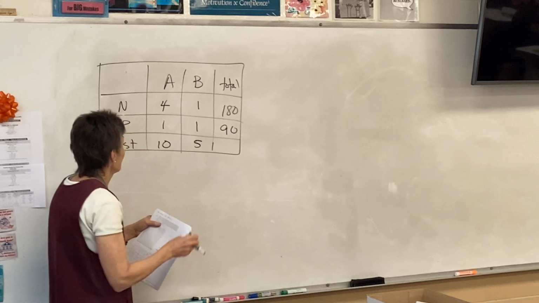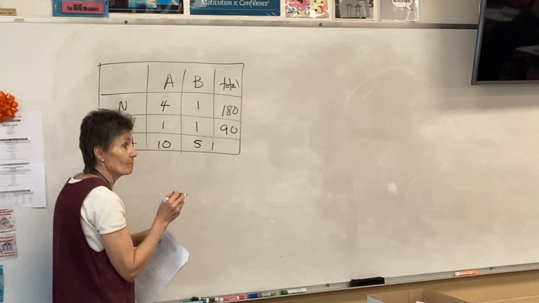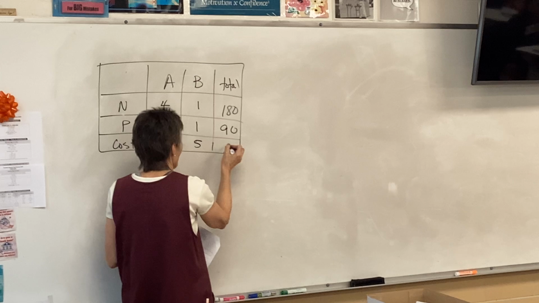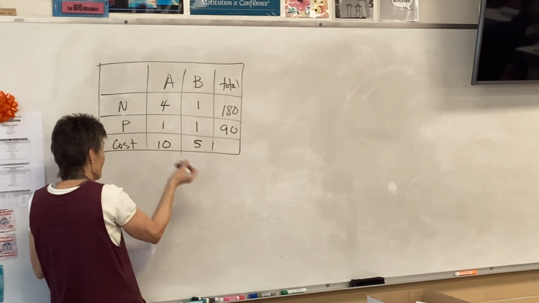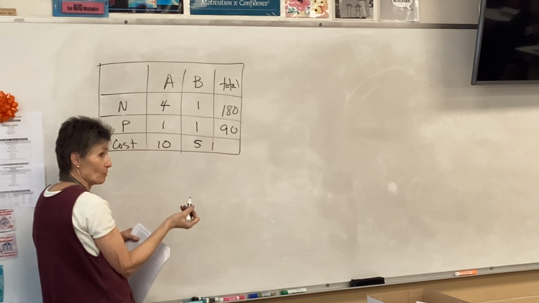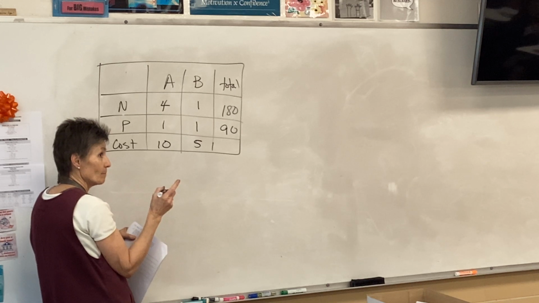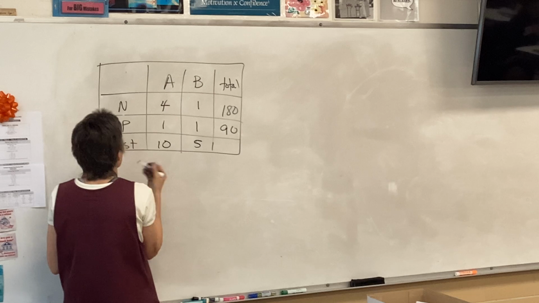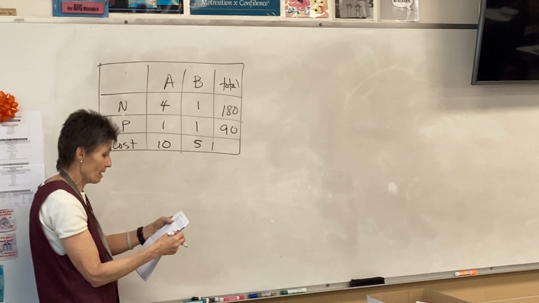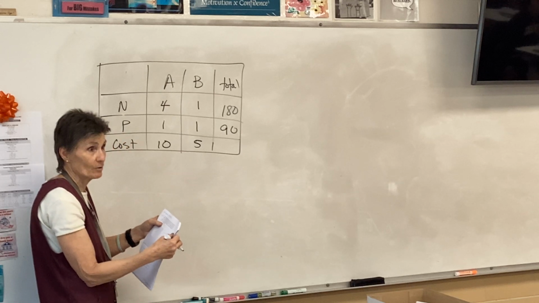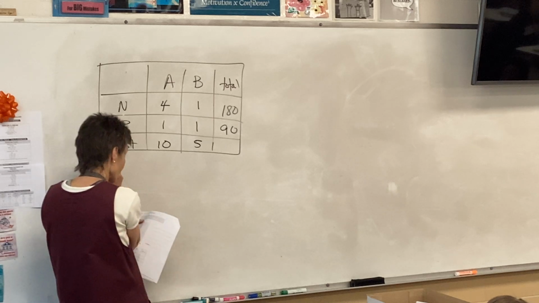Less than or equal to. So my cost has to be less than or equal to 800. Agreed? All right. So my job is hopefully to come up with a number that is less than 800, even less than 800.